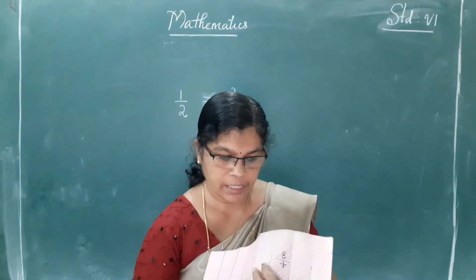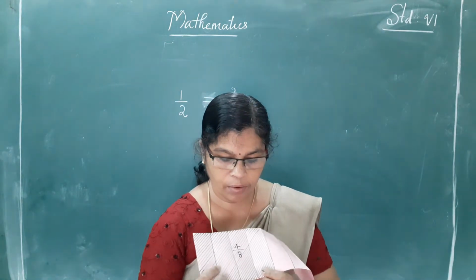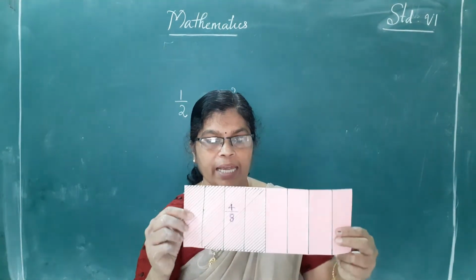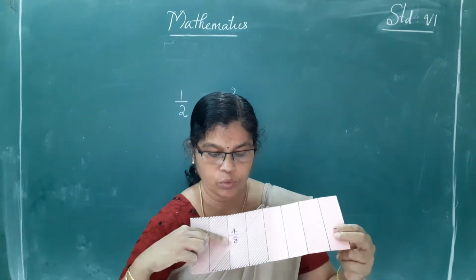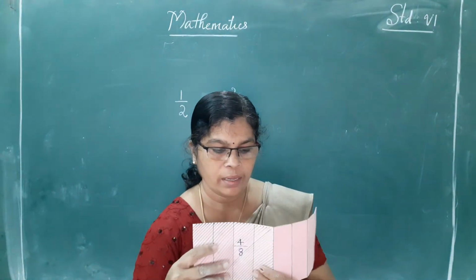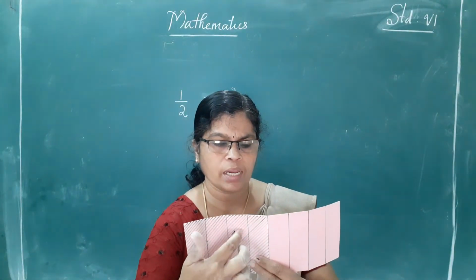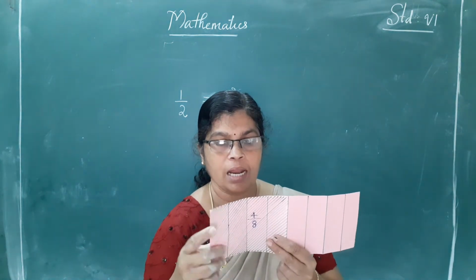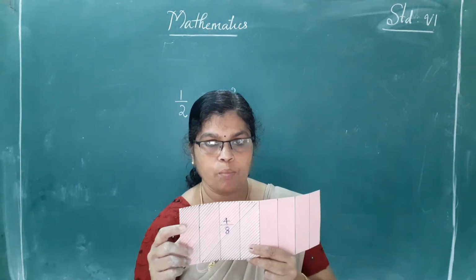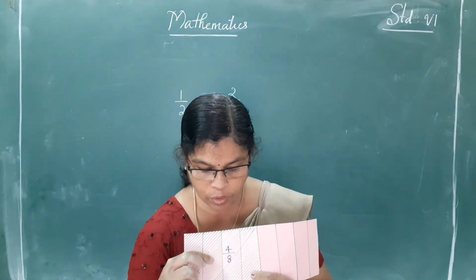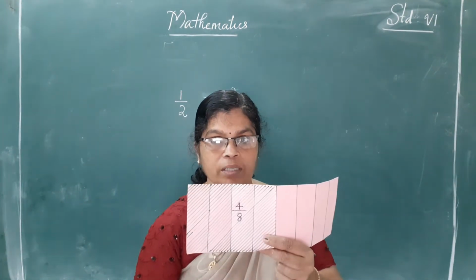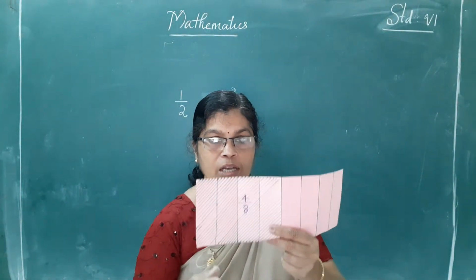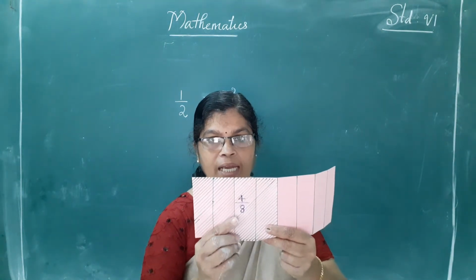See, 1, 2, 3, 4, 5, 6, 7, 8 equal parts are there. Out of 8 equal parts, how many parts have I shaded? 1, 2, 3, 4 equal parts I have shaded. Isn't it? So the fraction is 4 by 8.